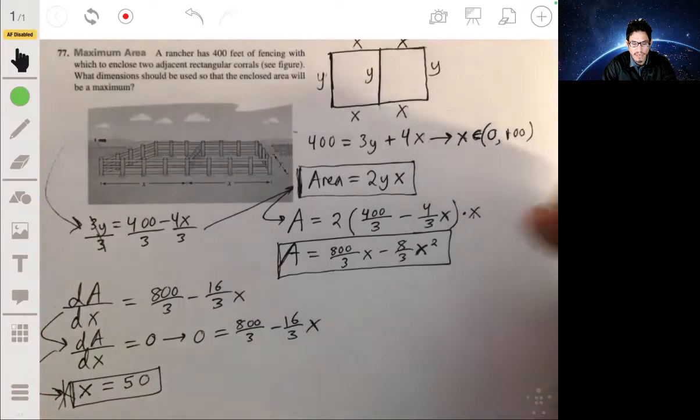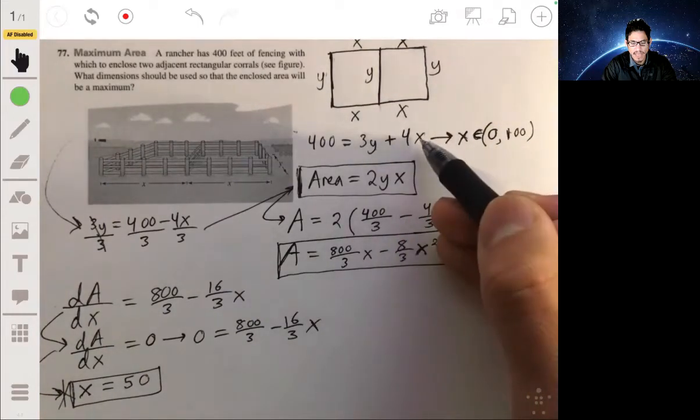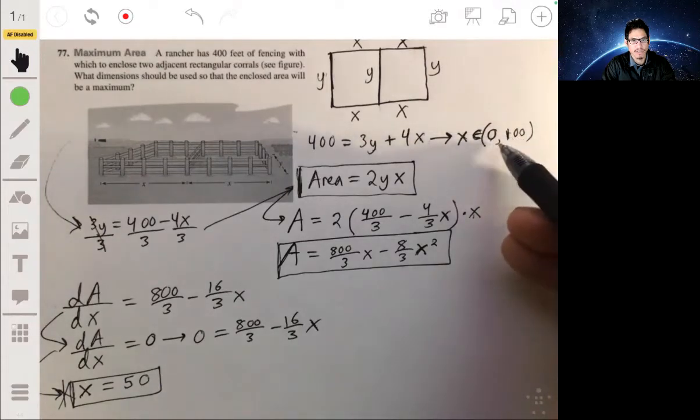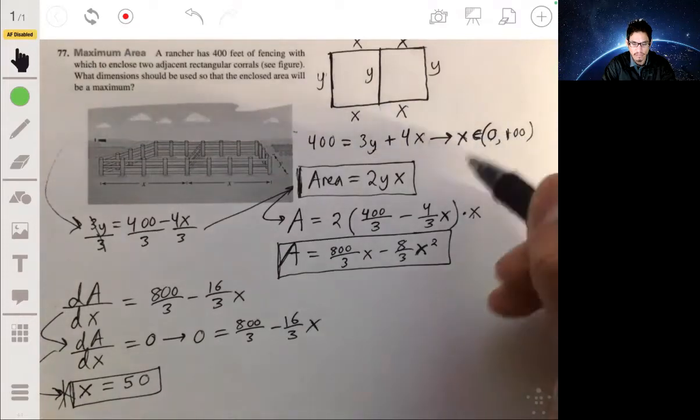It can't be 100, because if x is 100, then y is 0. But it can be anything up to 100, hypothetically speaking. So x can go from 0 to 100. You can't have any values less than 0 or beyond 100.